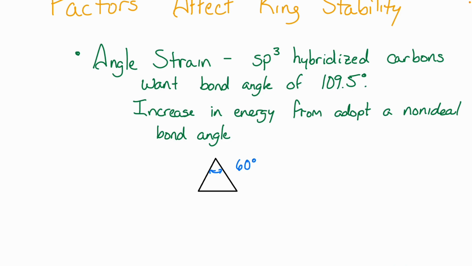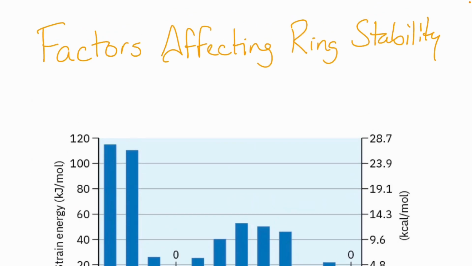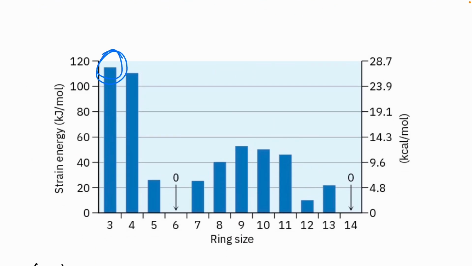So when you create a 3-membered ring, you are forcing those carbons to adopt a bond angle of only 60 degrees, which makes them super duper mad, right? They want to be at a bond angle of 109.5. So part of the reason why this bar is so high on this graph is because those bonds are much smaller than ideal, and that raises the energy of that molecule.